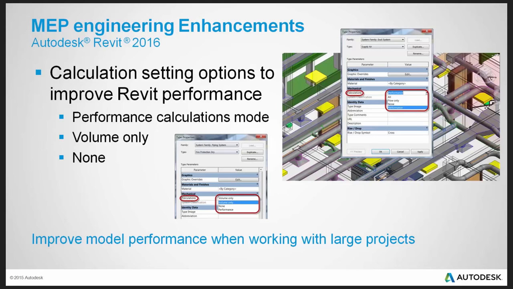So again, bottom line here is these new settings will help you improve your model performance when working with large projects by disabling calculations that you don't need, and specifically for the Revit 2016 enhancements conversation, by enabling you to, in a better manner, enable or disable calculations.